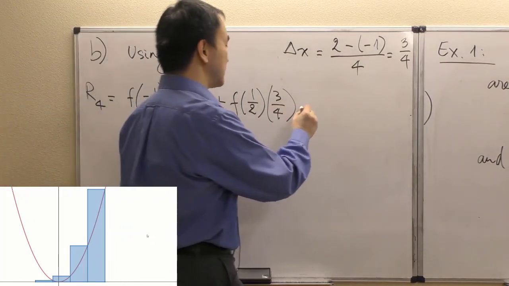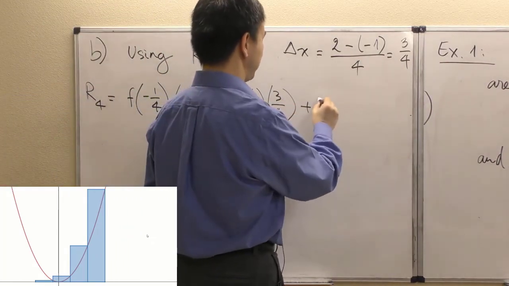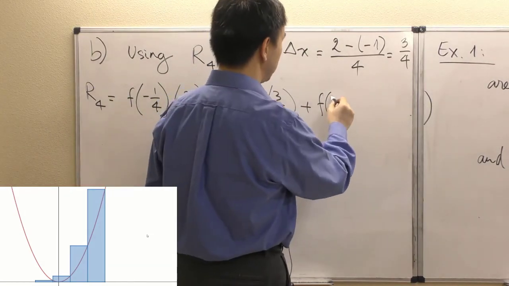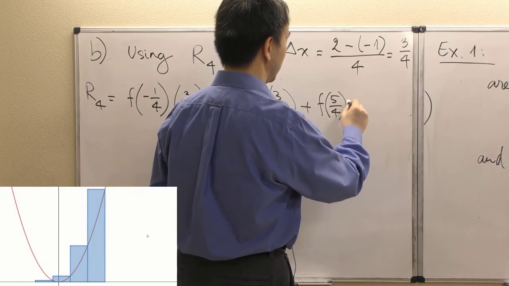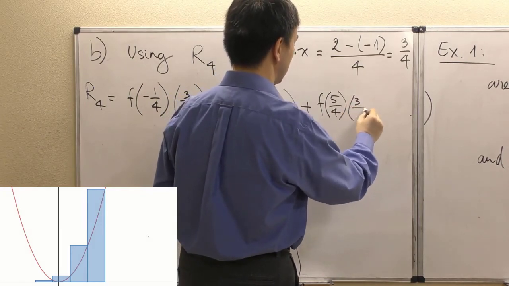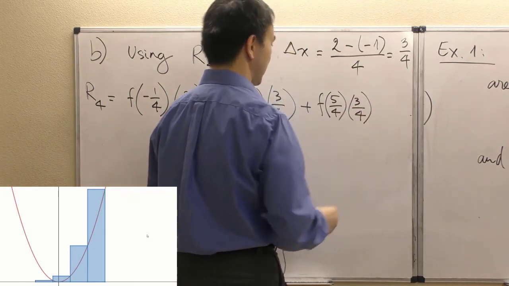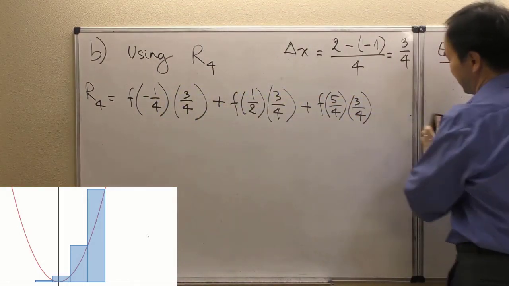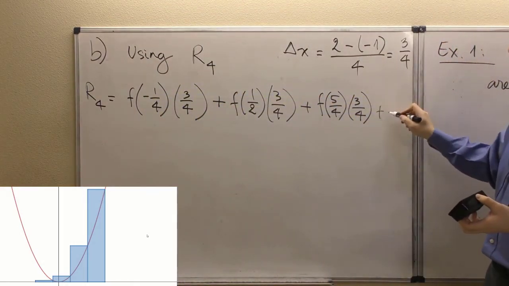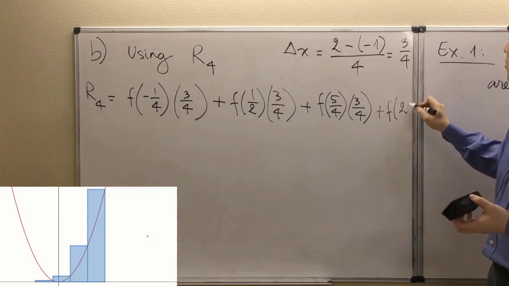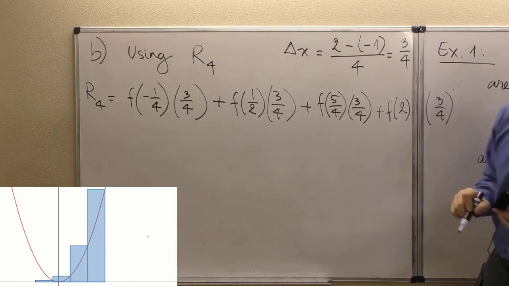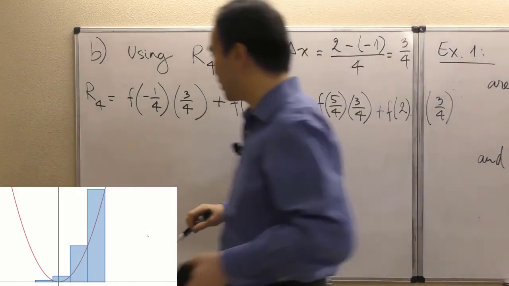And then for the third rectangle, the height is going to be found by f at 5/4 and multiplying that with the width 3/4. And the last one, I ran a little bit short of line, so f at 2 would multiply with the width 3/4. And the picture is still there with any one of you viewing the video.